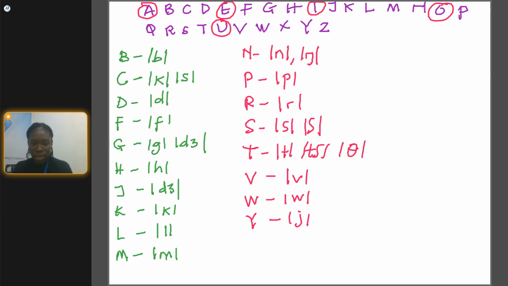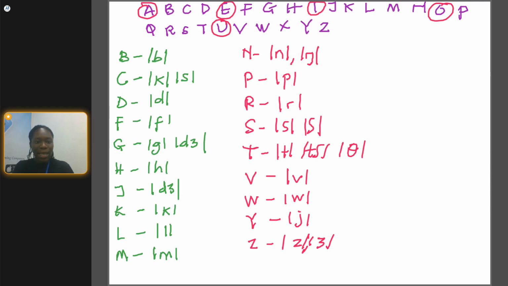Then we have letter Z that gives us the sound Z, and J. It gives us Z and J. That's for letter Z.